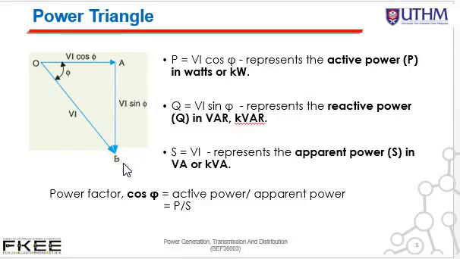Vector AB represents the reactive power, where the apparent power S is represented by vector OB. The power factor can be simply derived by dividing the active power by the apparent power itself, P divided by S. So we can calculate cos theta by dividing P by S.